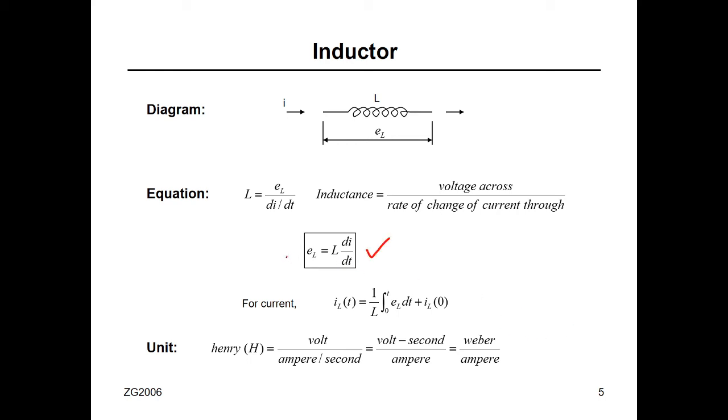This is the equation you need to remember. As you can see, we want to remember the voltage across each element, because at the end, when we have an electrical system, we need to use Kirchhoff's voltage law in order to derive the equation of motion. This is the whole story of this chapter.